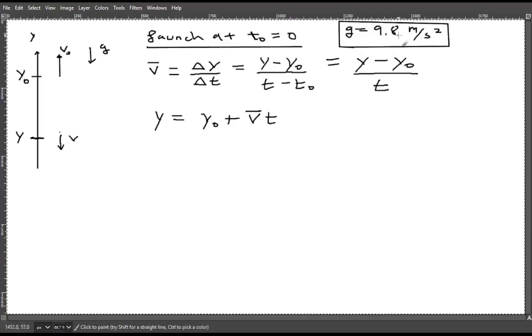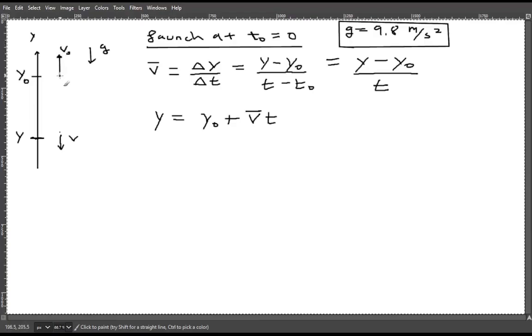So what that would tell you is that every second you're going 10 meters per second faster, but in the down direction. So, for example, let's say we shot the ball straight up at 10 meters per second. Then after 1 second, the ball would be going at 0.